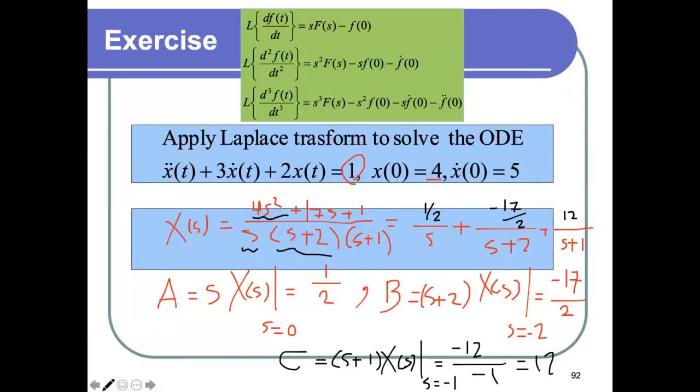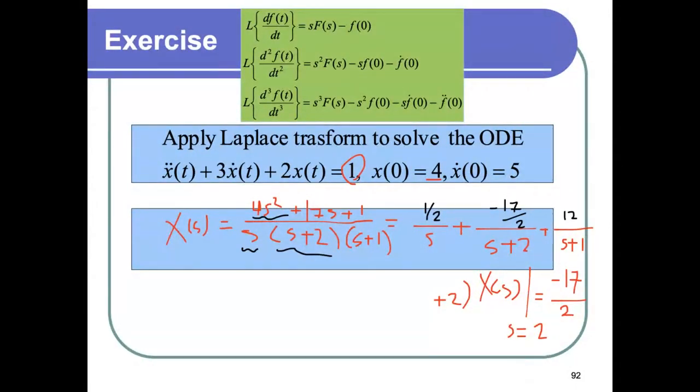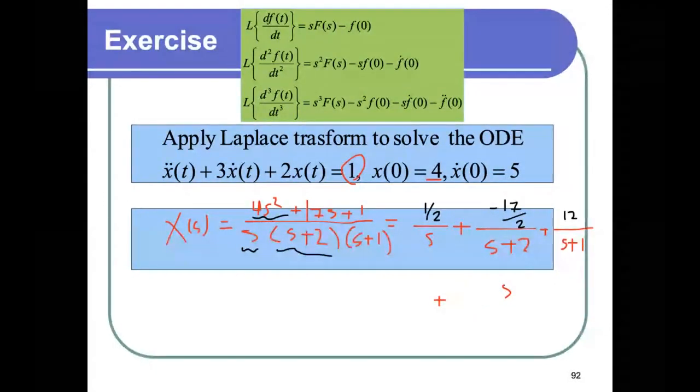Now, we need to find the inverse Laplace transform. So what is the inverse Laplace transform of these? If it's clear, then what is the inverse Laplace transform now? I have this expression.